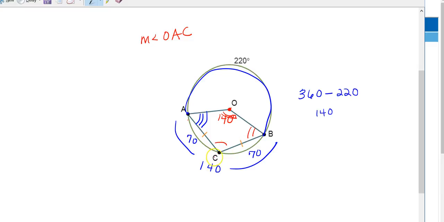We also know that angle C is an inscribed angle, so it's half its arc, so that's 110. So together they add up to 250. If I subtract that from 360, I get 110, and that means these two angles together equal 110. So when I divide that by 2, the angle is equal to 55 degrees.